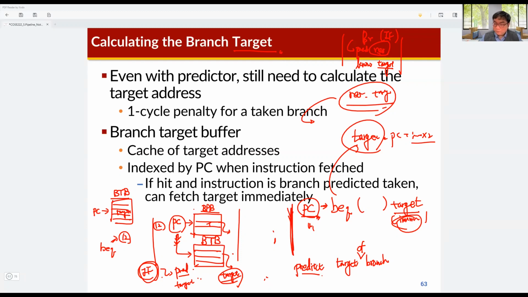So using this prediction technology, we can reduce wasted cycles. I said reduce; we cannot remove them totally. We cannot remove all the wasted cycles, but we can reduce the wasted cycles caused by branch instructions. Understand?